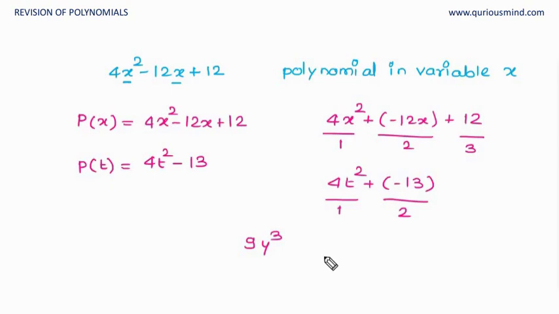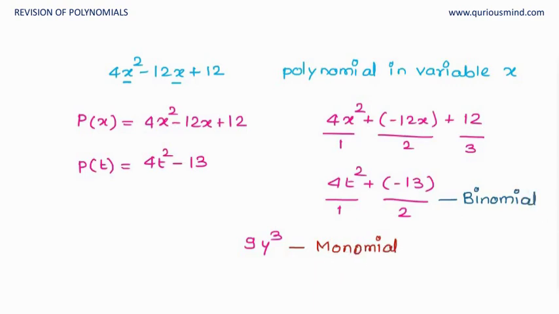Based on the number of terms, polynomials are given some specific names. When we have only one term, the polynomial is called a monomial. When we have two terms, a polynomial is called a binomial. Bi means two, mono means one.